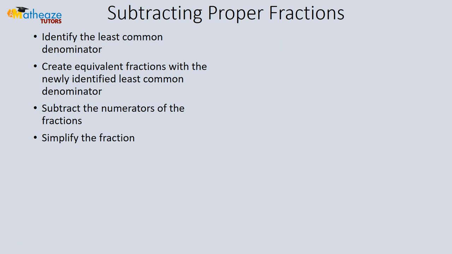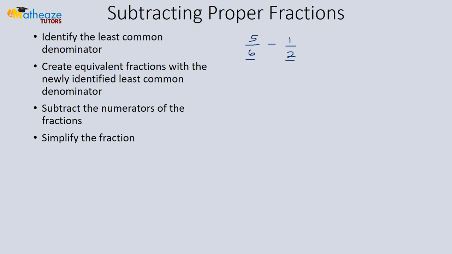Now, let's address proper fractions with unlike denominators. If I have 5 over 6 minus 1 over 2, we can see here that we have unlike denominators. So what we're going to do is find the least common denominator for 6 and 2.